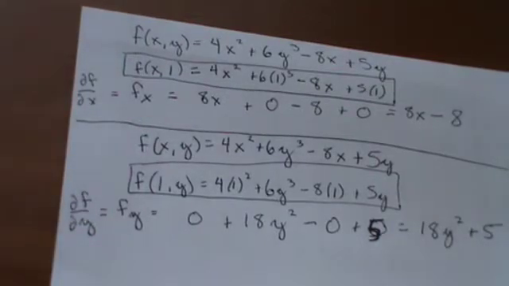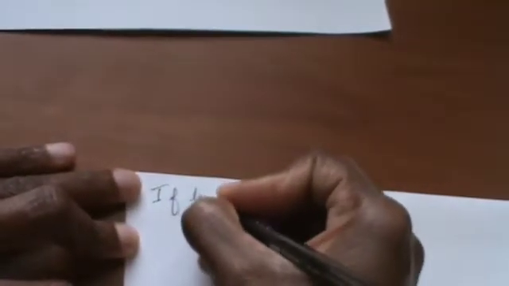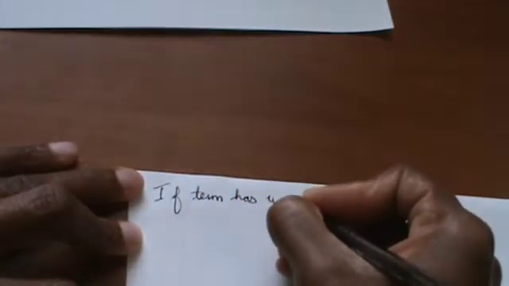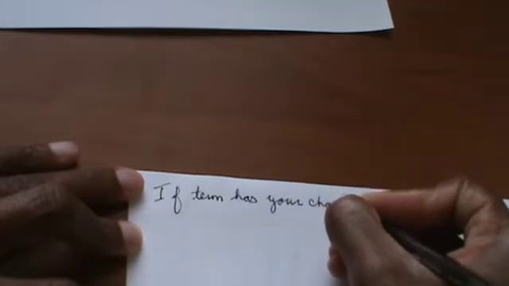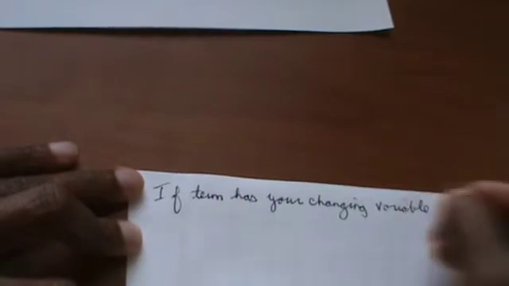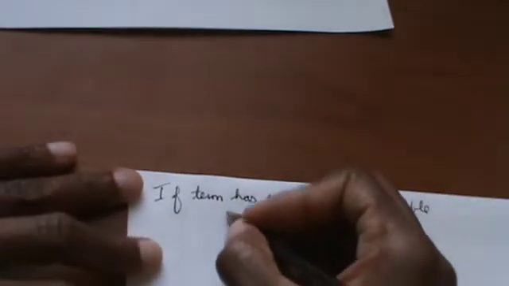Okay, so having said that, we really want to think about if there's some type of a trick, something that might make it easier for us to remember how to take these partial derivatives, and there is. Okay, if the term has your changing variable, then you have to find a way to take the derivative.